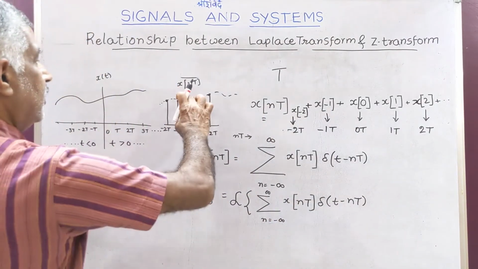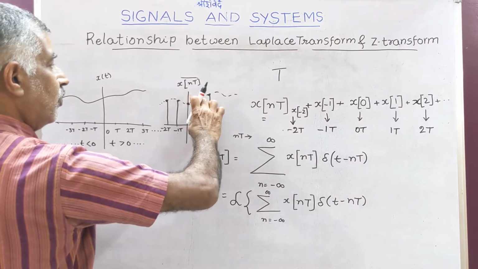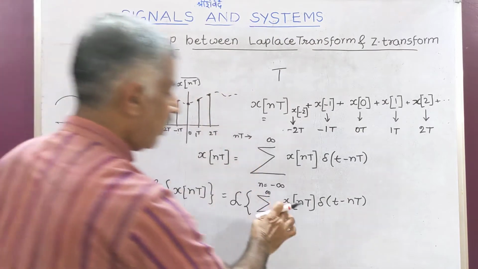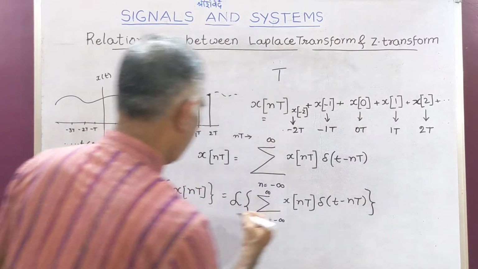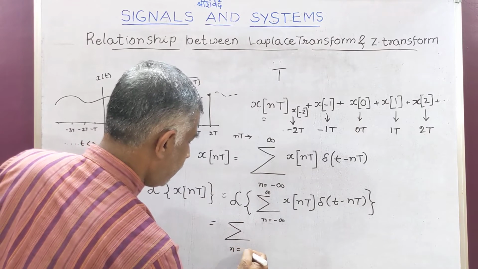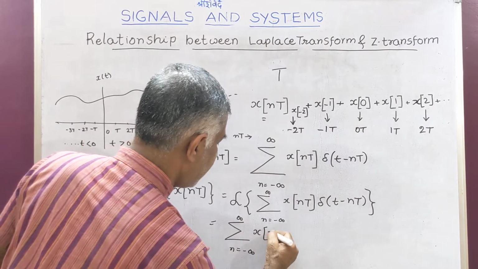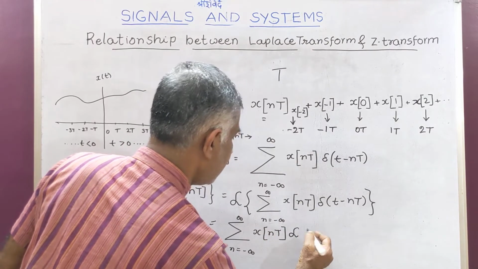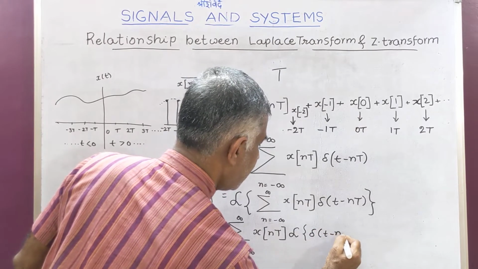See here, height: this is x of 0, this is x of 1, this is x of 2, this is x of minus 1. They are all constants. Therefore, it becomes summation n equal to minus infinity to plus infinity x of nT and the Laplace transform of delta of t minus nT.